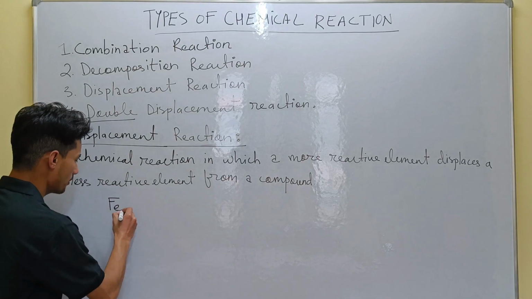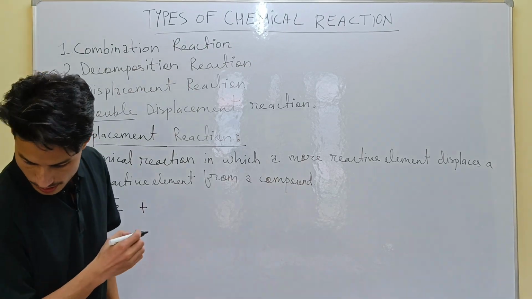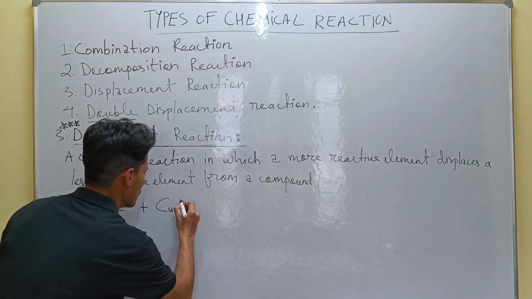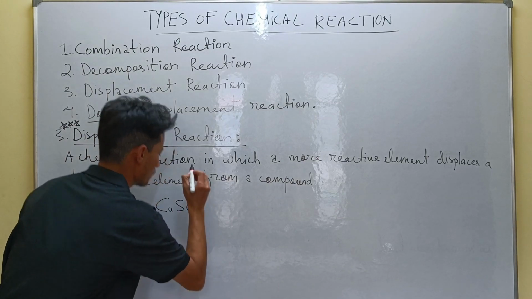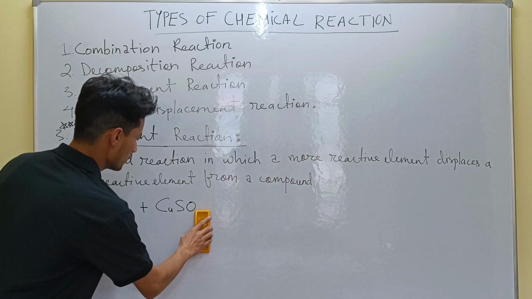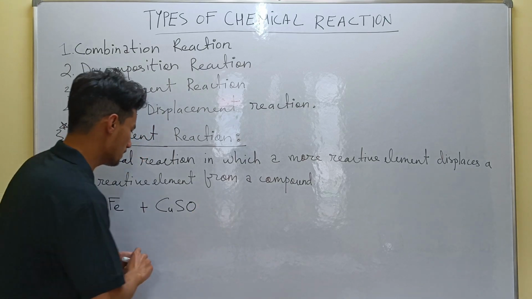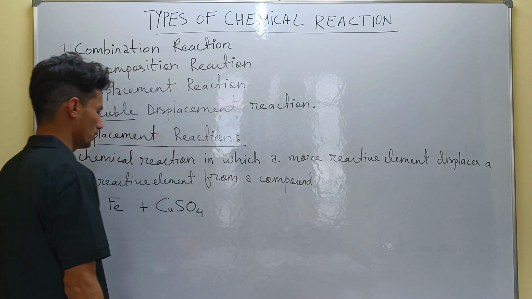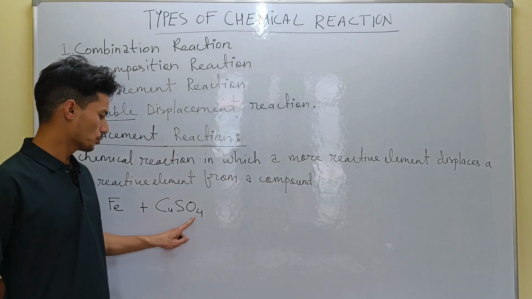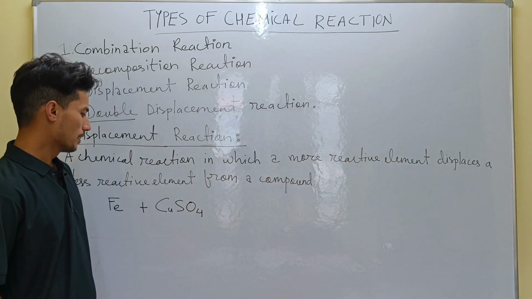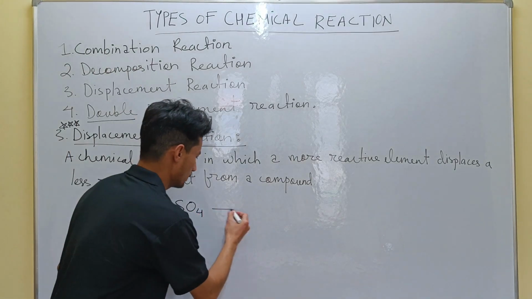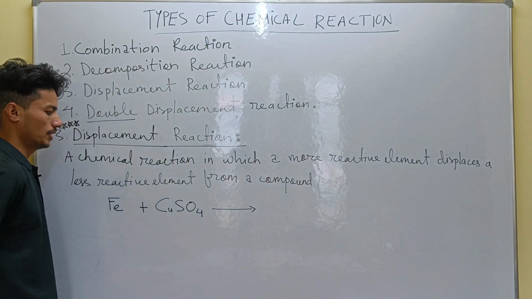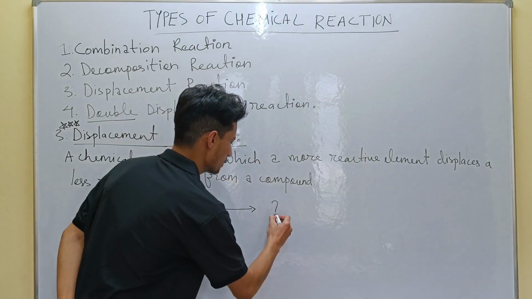We have iron plus CuSO4. Now, please, I want you all to pay attention because this is very easy. Now, the reaction will take place. How will the reaction be?